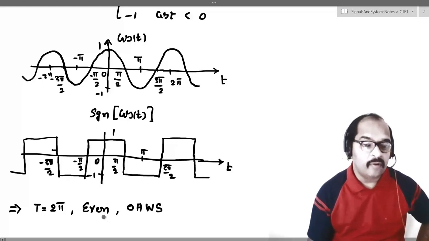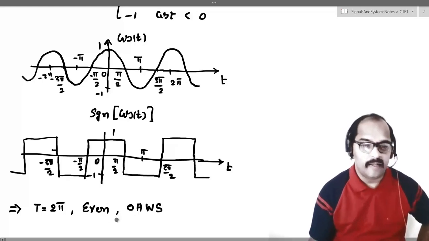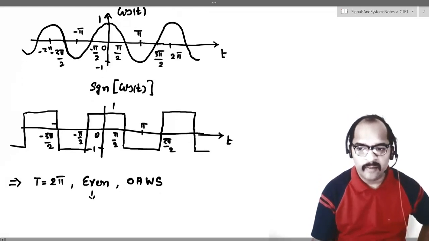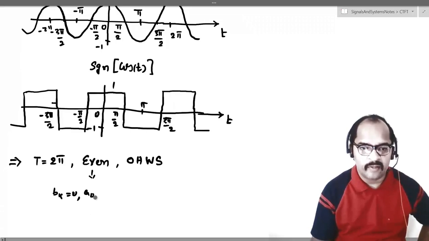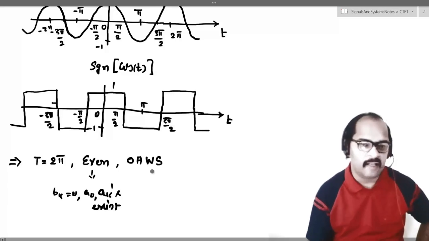Because this signal is even and odd half wave symmetric, what will happen? Because it is even, bk equals 0, and a naught and the ak terms exist.